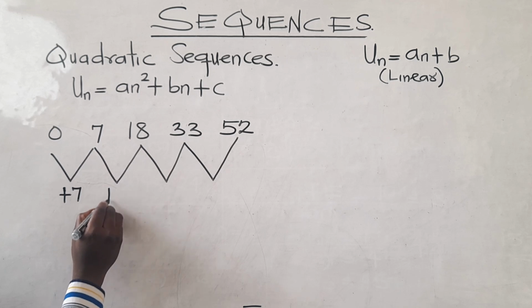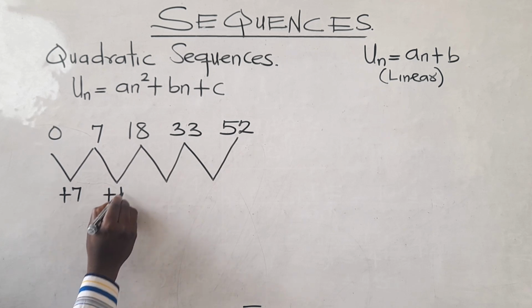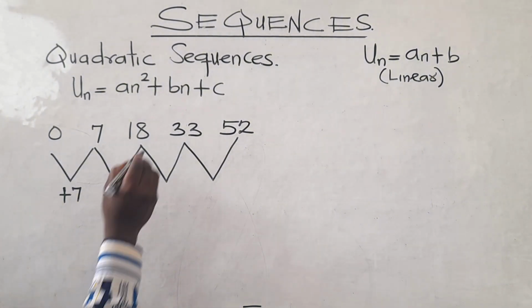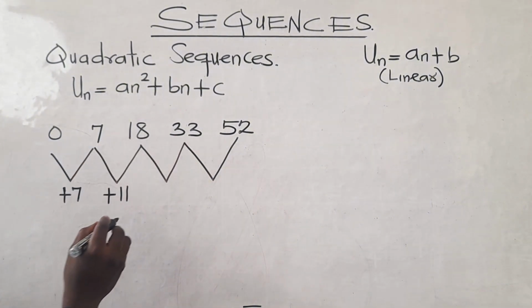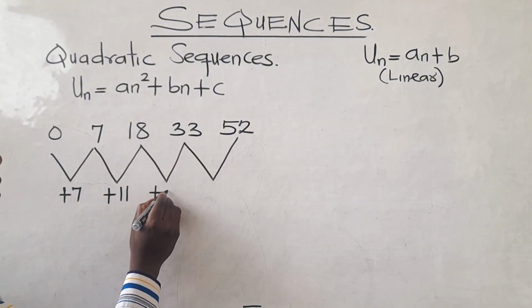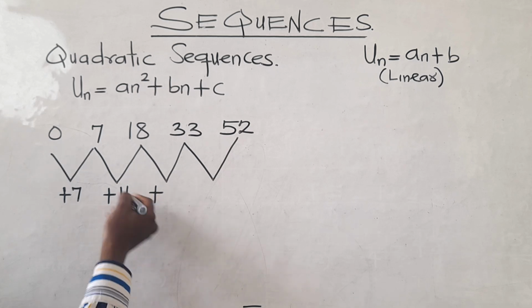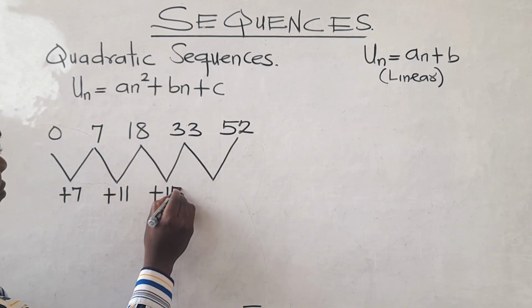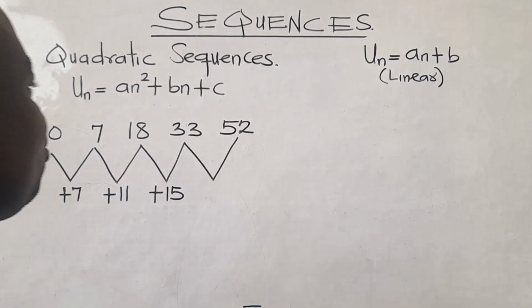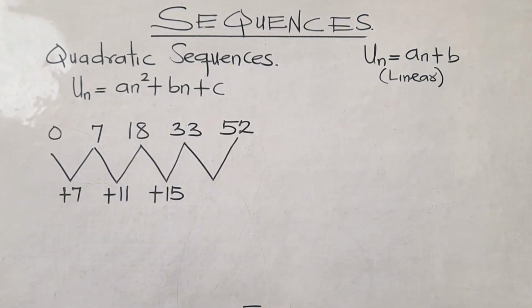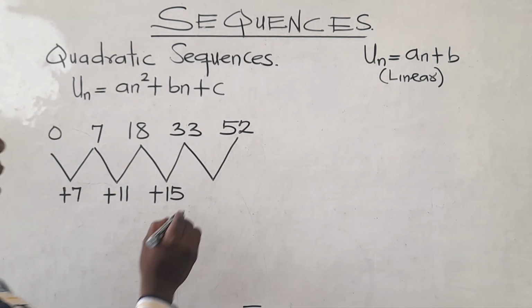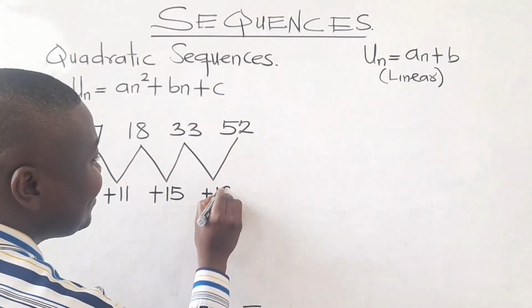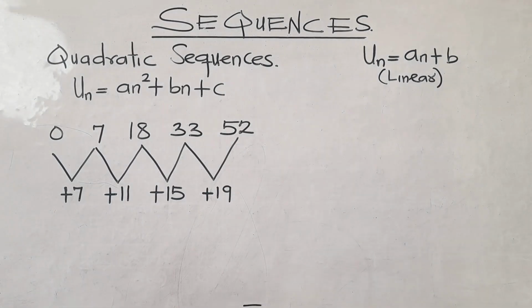This is plus 11, 18 minus 7. 33 minus 18, I think 15. 52 minus 33 is 19.